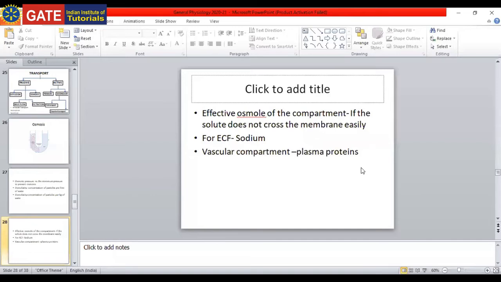What we mean by effective osmol for a particular compartment is a substance which cannot cross the membrane from that compartment. Now, what is more in the ECF? The sodium. Yes. Now, tell me what could be the effective osmol for ECF?